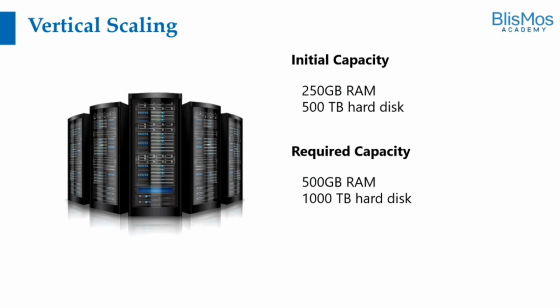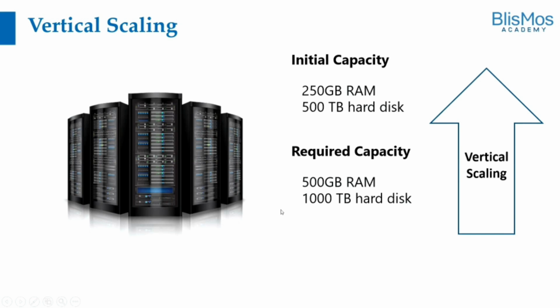In this case, there are two options. One option is, you have one particular server, you go ahead and increase the capacity of that server from 250 GB RAM to 500 GB RAM, and also increase its disk to 1000 TB. This whole thing is called vertical scaling.